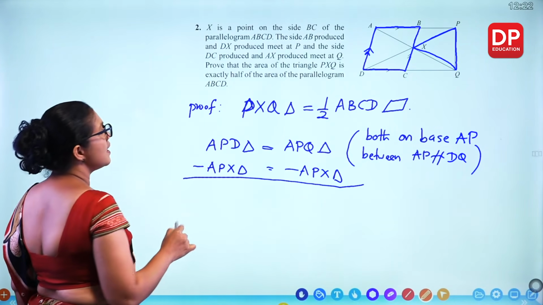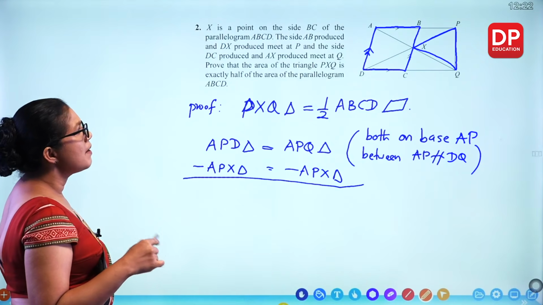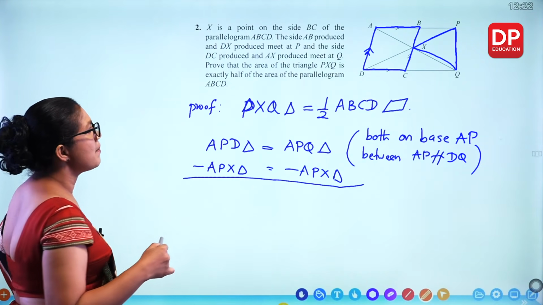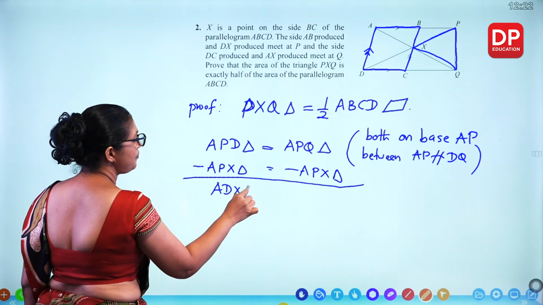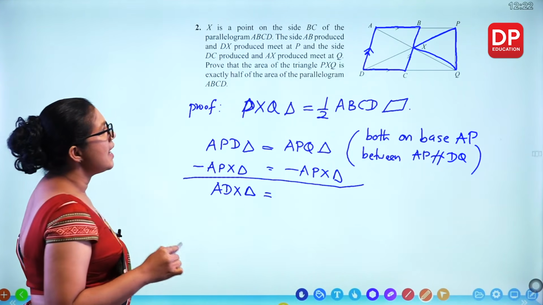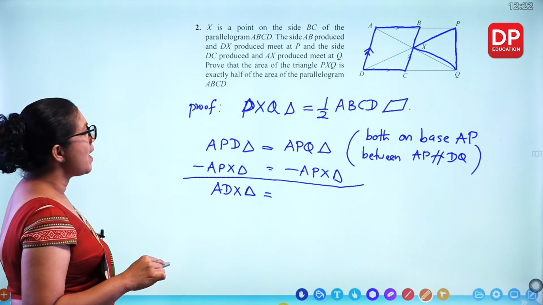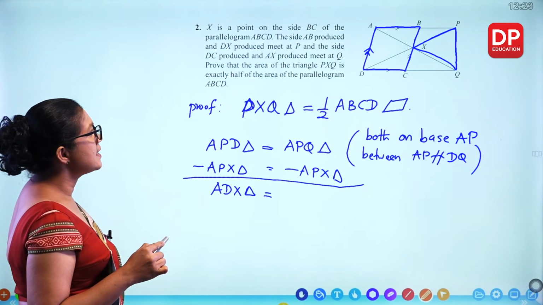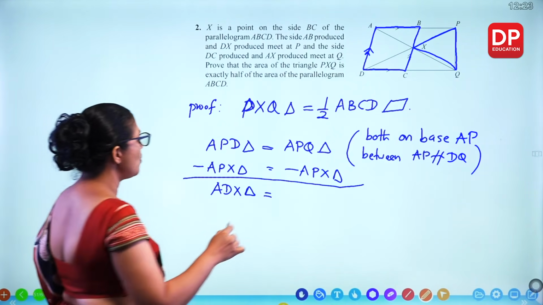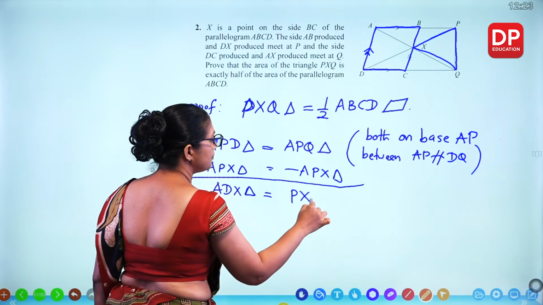What happens? APD minus APX, I am getting ADX triangle. Other side, APQ minus APX triangle, I am getting PXQ triangle.